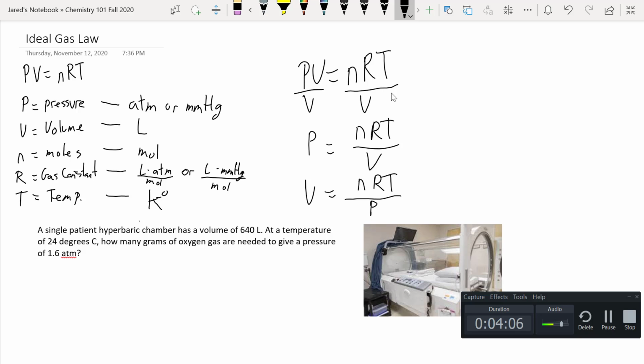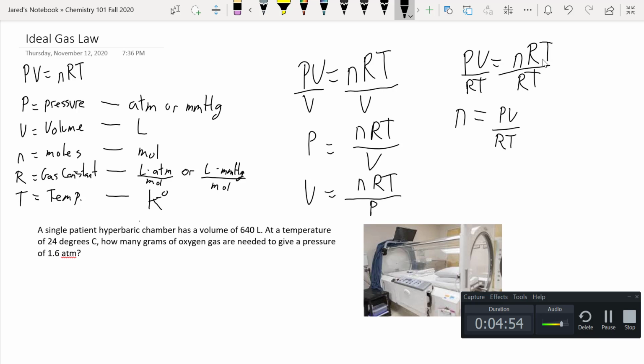Let's go ahead and solve for the last two that we're going to need to deal with. If we had PV equals nRT, and we want to solve for n, or number of moles, we would divide both sides by RT because we want to get n by itself. And if we do that math out, we're going to be left with n equals PV divided by RT.